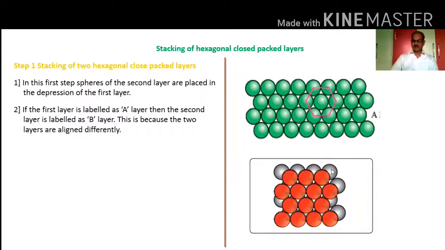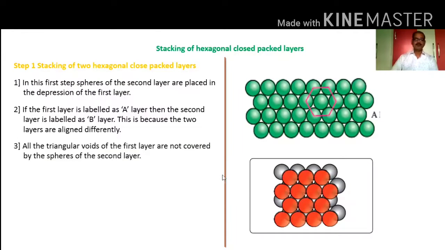If the first layer is labeled as A, then the second layer is not identical to the first layer. So the second layer will be labeled as B. A layer and B layer have an altogether different alignment of spheres. Now, in case of the first layer, there are triangular voids.